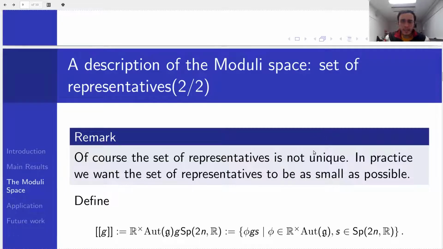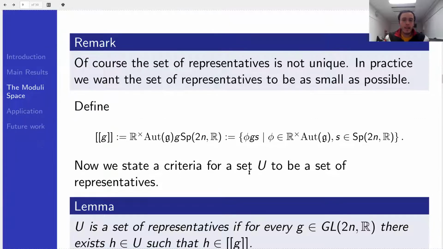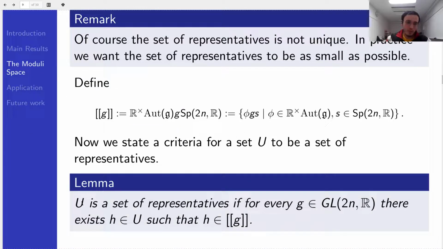So one criterion for a set to be a set of representatives: we have the double coset, where here is this group from the left, and here the symplectic group from the right. U is a set of representatives if for every G that belongs to the general linear group, there exists an H in U such that H belongs to this double coset.